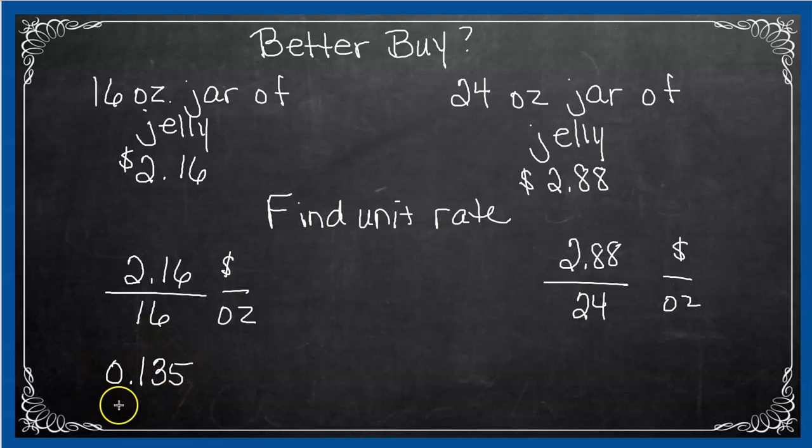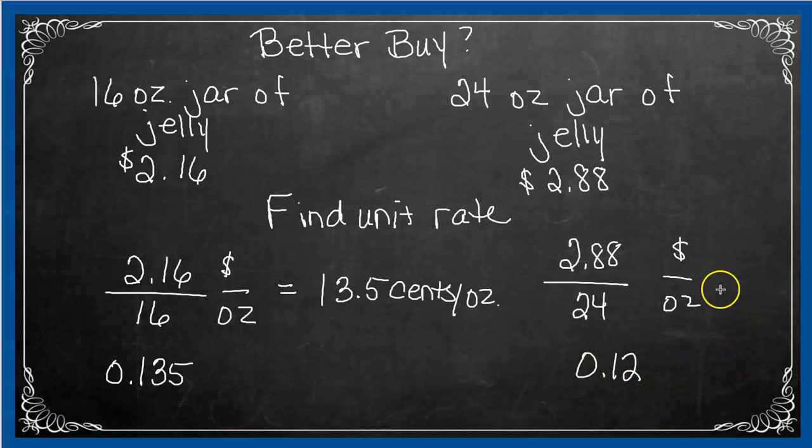0.135. But remember, this is money, so this is actually 13.5 cents per ounce. All right, let's look at this one. $2.88 divided by 24, I get 0.12. Well, that is 12 cents per ounce.